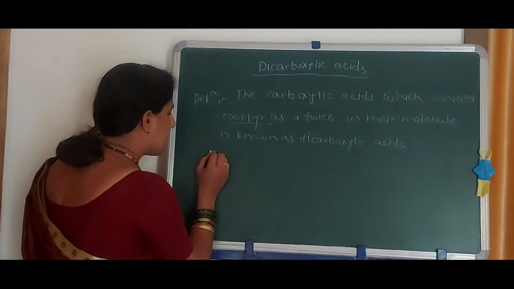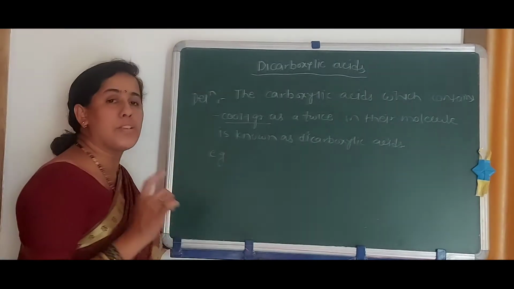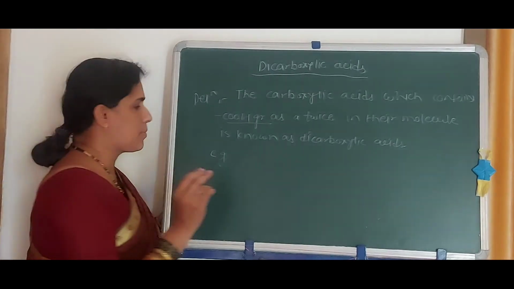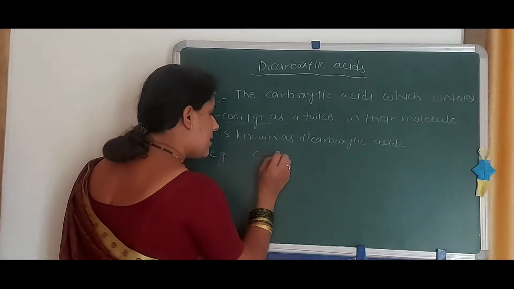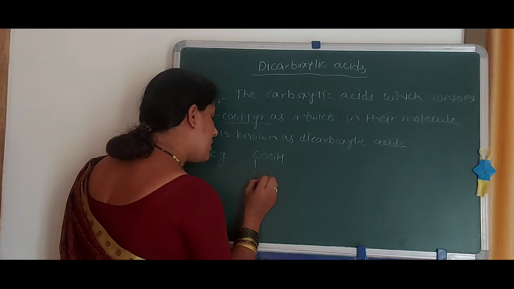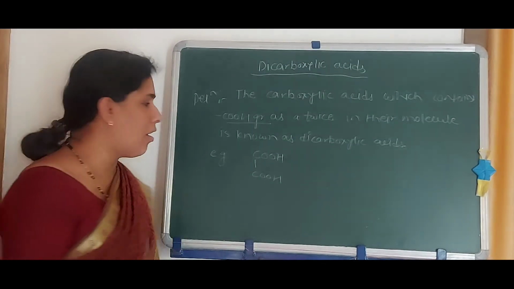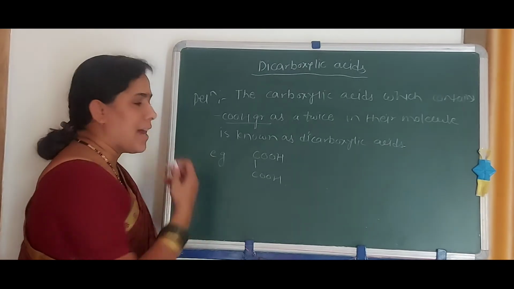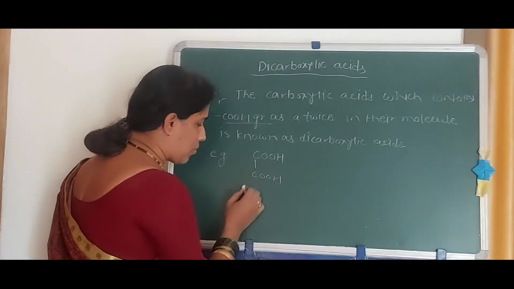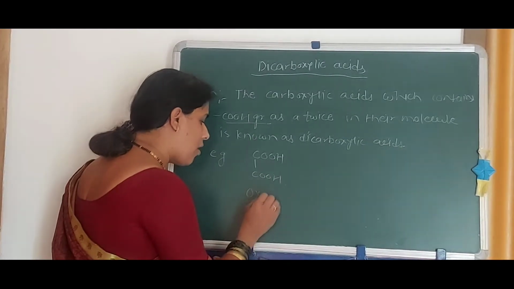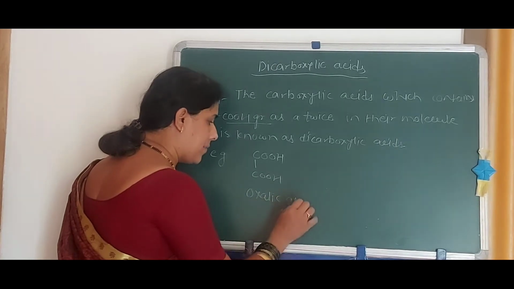Now what are such examples? The first, familiar example is COOH bond COOH. What is the name for this acid? All of you know this acid. It is a simple dicarboxylic acid. It is called oxalic acid.